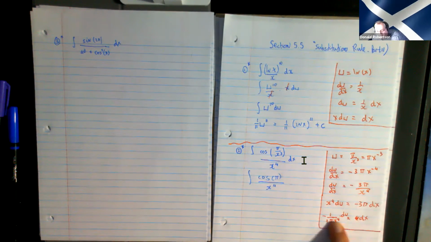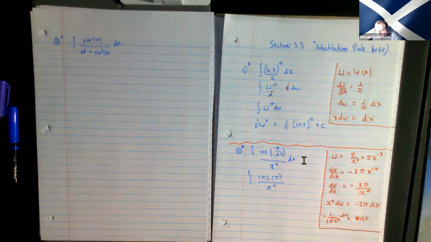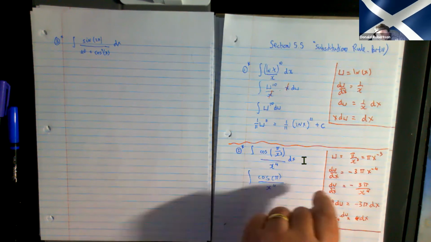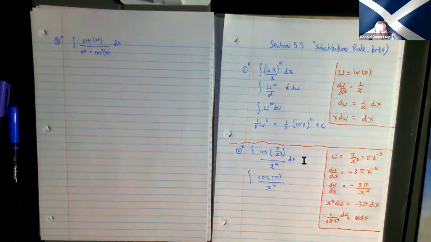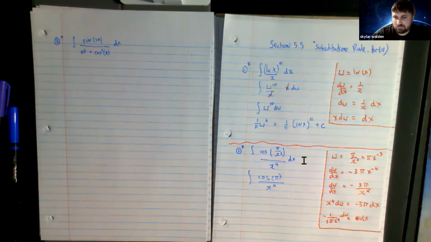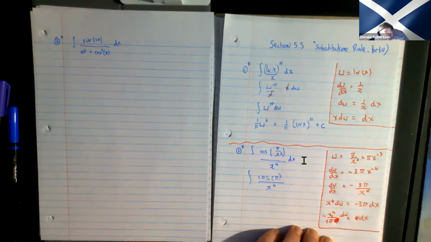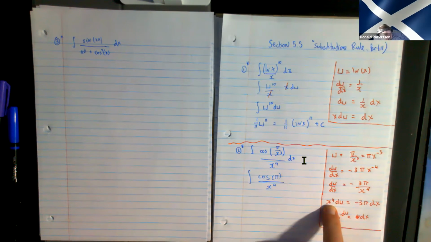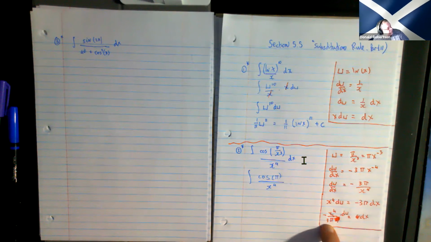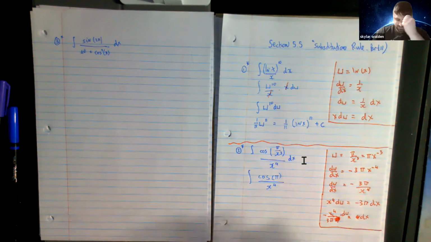What is my mistake in this line? This line to that line. What did I do wrong? Should be x to the fourth over 3 pi. Yes. I said divide both sides by negative 3 pi, and then I didn't do it. Right, that's what I did wrong.